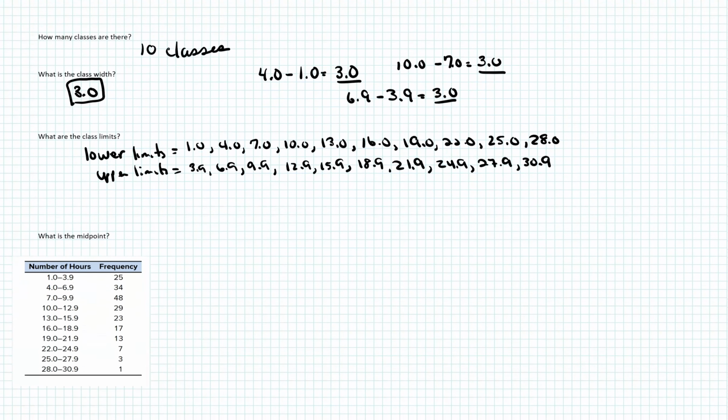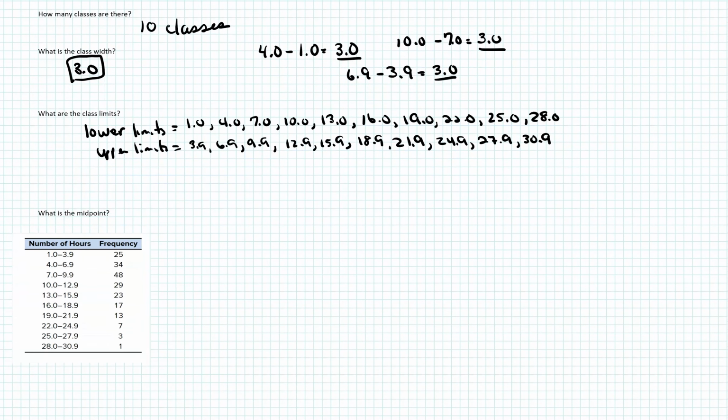What is the midpoint? All right, this is still the same chart. The midpoint is found by adding the lower and upper class limits and dividing by 2. So this is 5.0 divided by 2, which is 2.5. So the midpoint for the first one is 2.5.